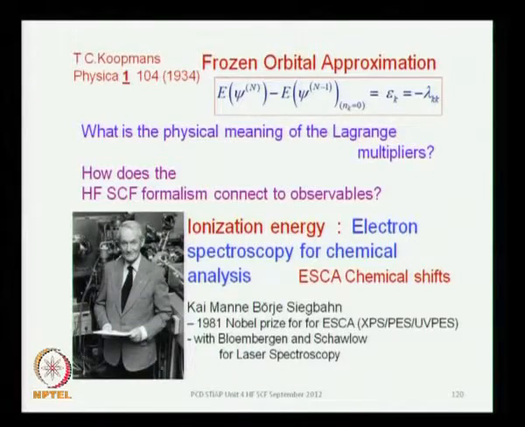It is PES. Sometimes it is done using X-rays, then it is called X-ray photoelectron spectroscopy, or with ultraviolet radiation, then it is called ultraviolet photoelectron spectroscopy. Sometimes it is called ARPES, which is angle resolved photoelectron spectroscopy, because then you find at what angle the electron has come out.